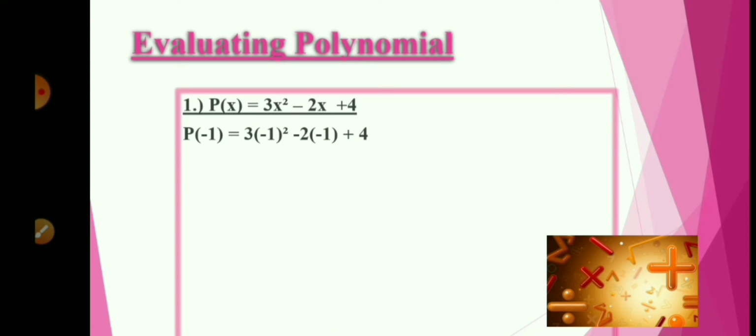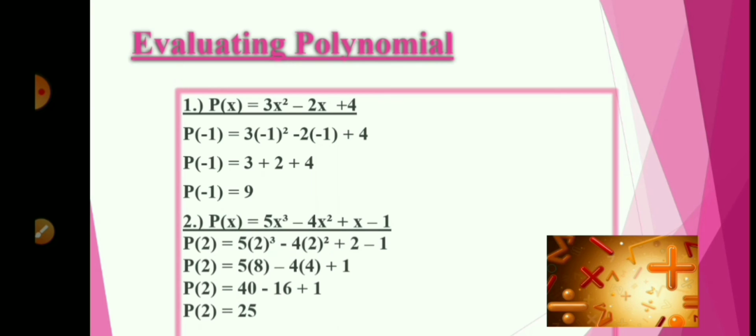Then simplify: (-1) squared is 1, so p of -1 is equal to 3 plus 2 plus 4. Then 3 plus 2 plus 4 is equal to 9. So the answer is 9.